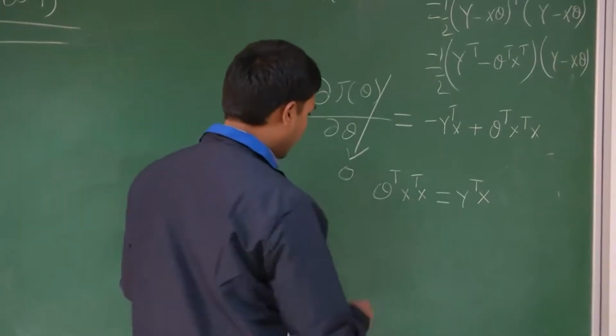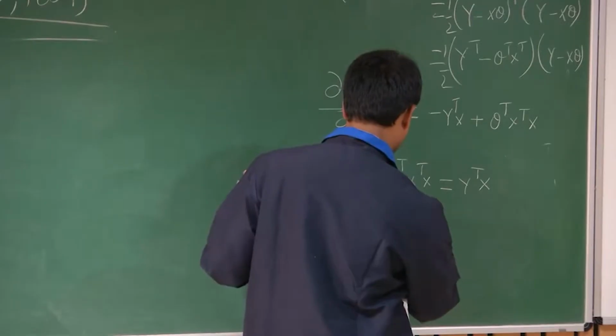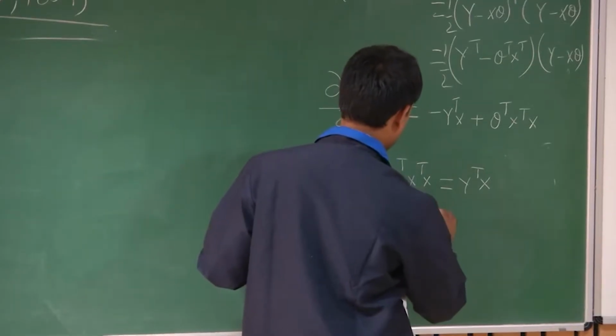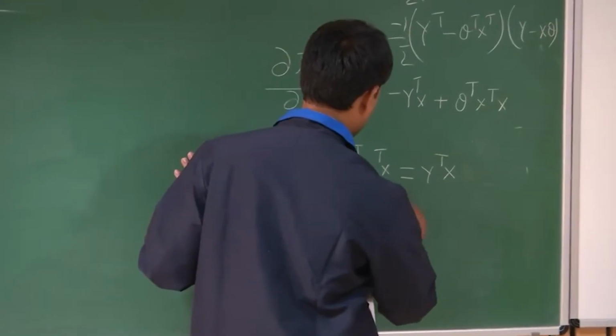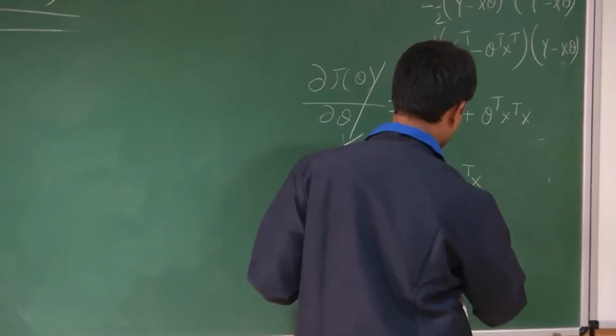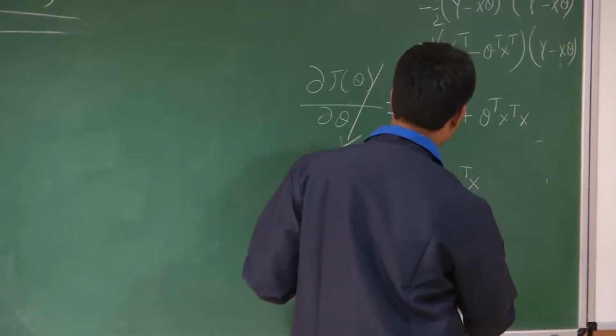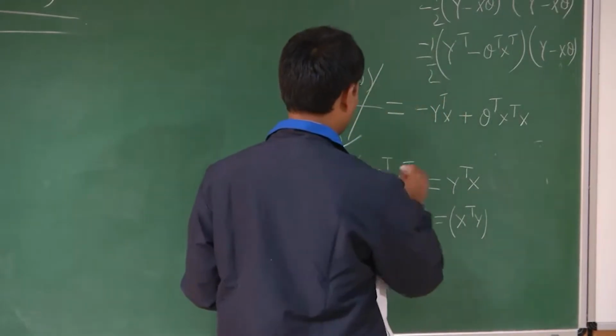This one. Now if you take the transpose on both sides, it will become x transpose x theta equals x transpose y. So I'm taking the transpose on both the sides like this.